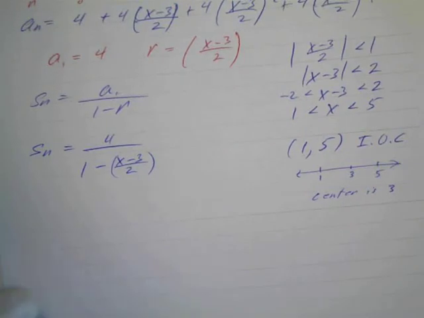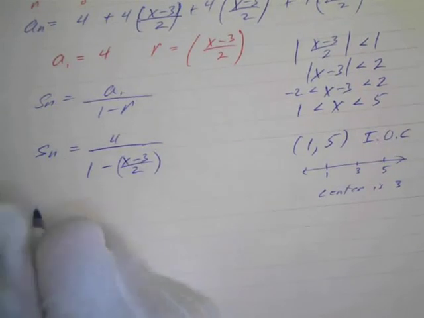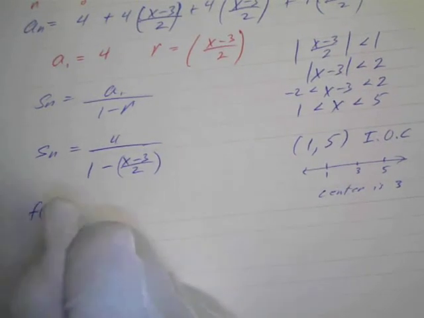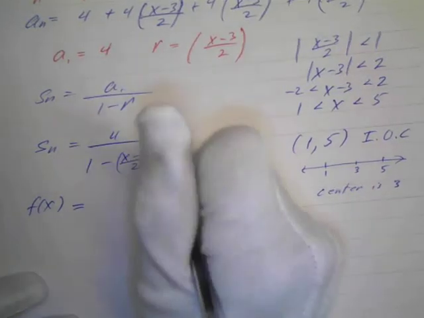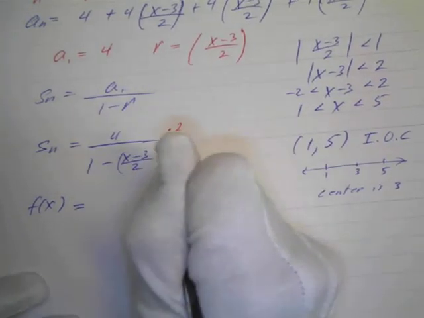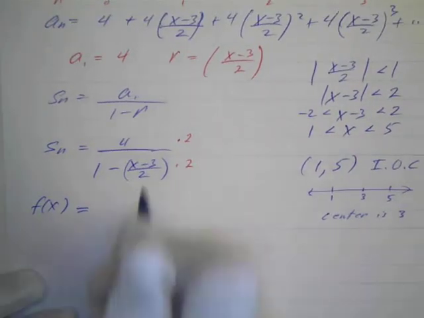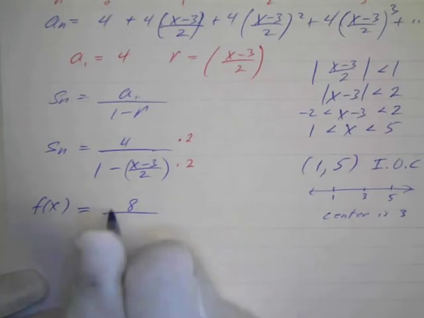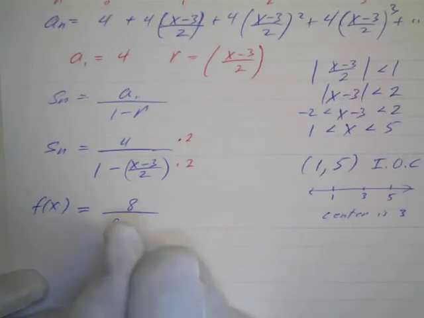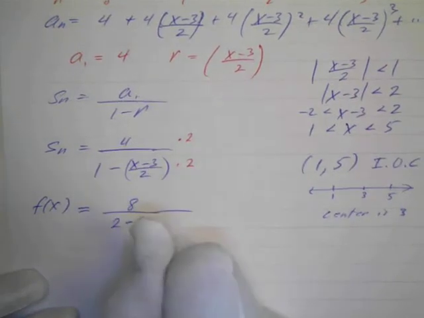So we're going to have a little fun with this. How are we going to deal with this? Well, right now, S sub n is actually a function of x, so I can start to write it as f of x. And since I have a complex fraction, rather than simplify this, which would be kind of a pain, I just multiply the top and the bottom by the least common denominator, which is 2. That'll make things clear up faster. So it's going to be 8 on the top. And 2 times 1 is 2. And minus, I still have the parentheses, and 2 times (x minus 3) over 2 is just x minus 3.